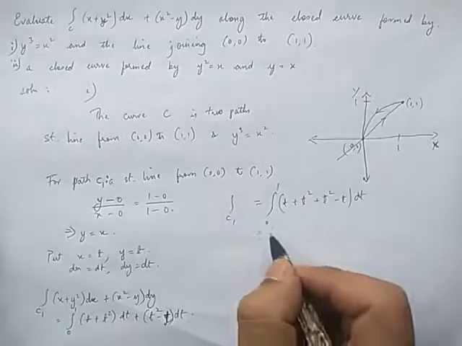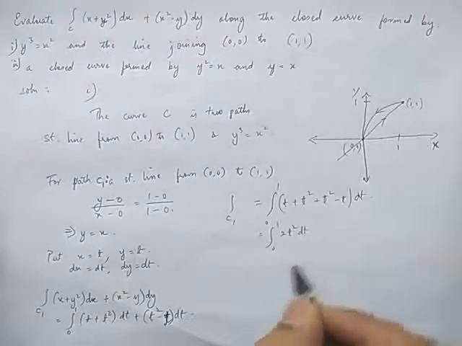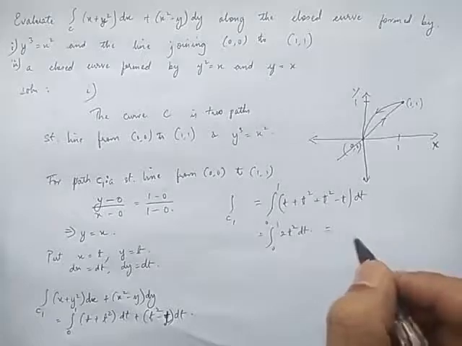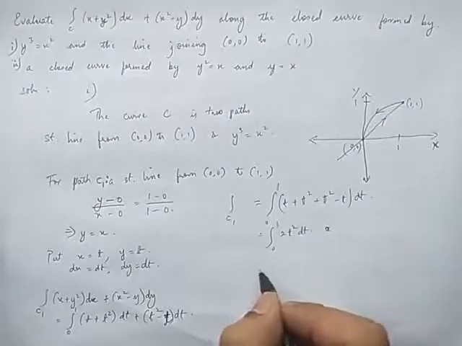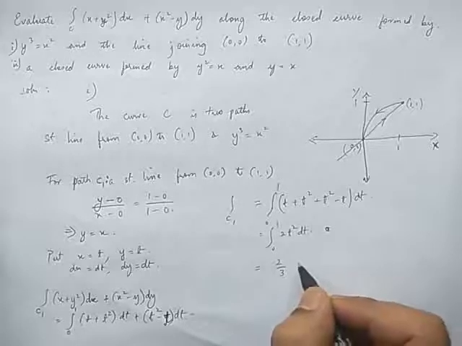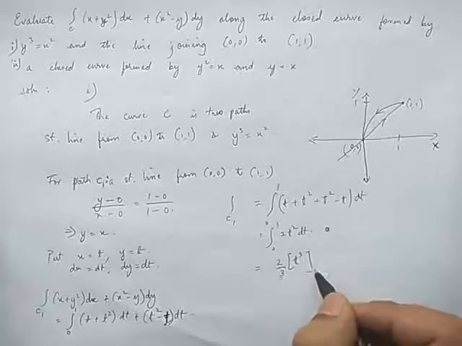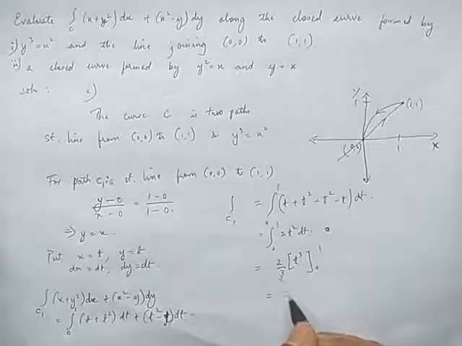This is the integral from 0 to 1 of 2t square dt, which is 2 by 3 t cube evaluated from 0 to 1. So I get 2 by 3.